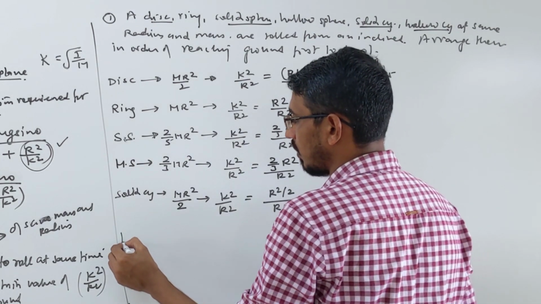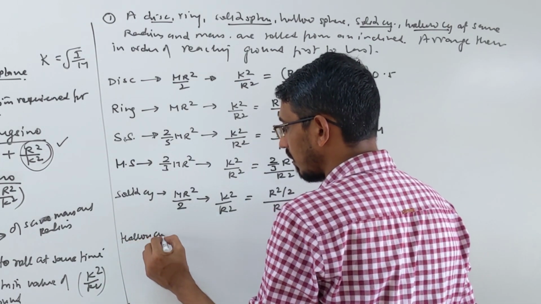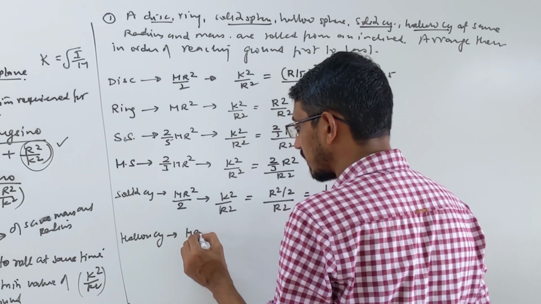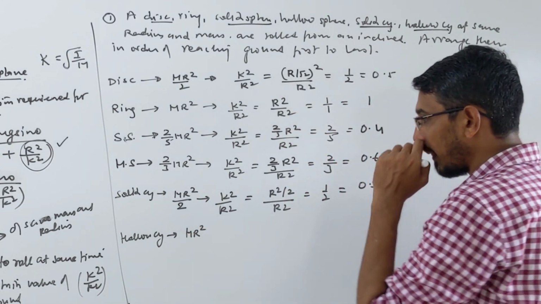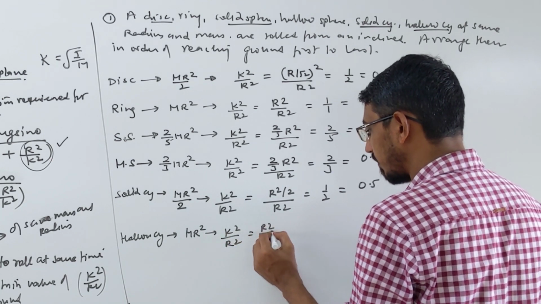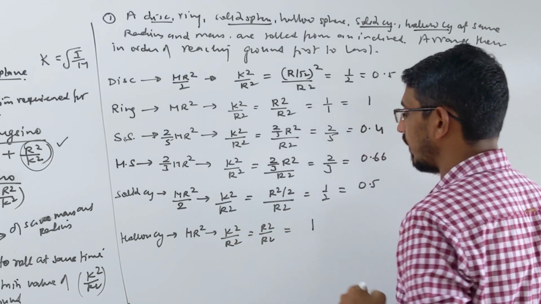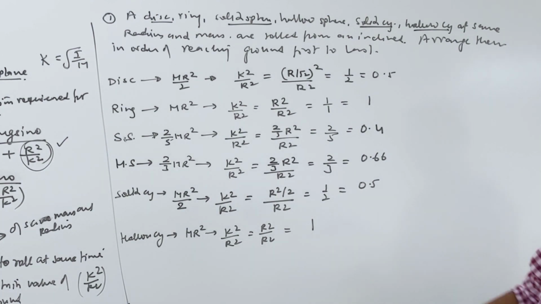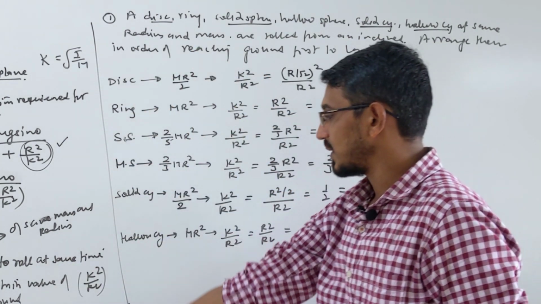Then last one is hollow cylinder, inertia is mr square, correct? So k square by r square comes to r square by r square, which becomes simply 1. Clear?